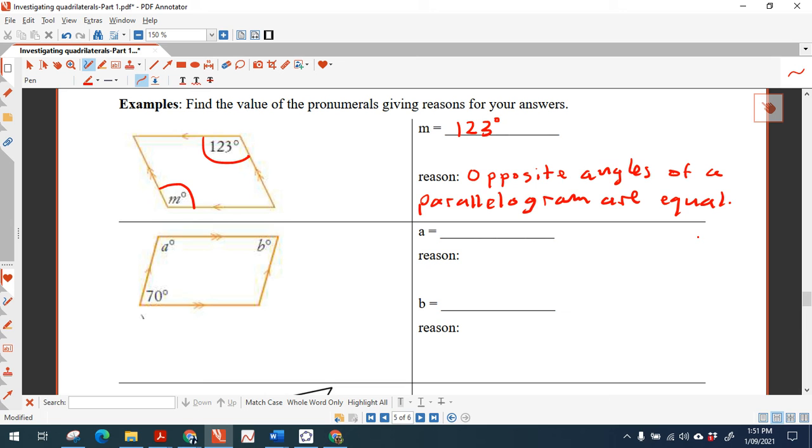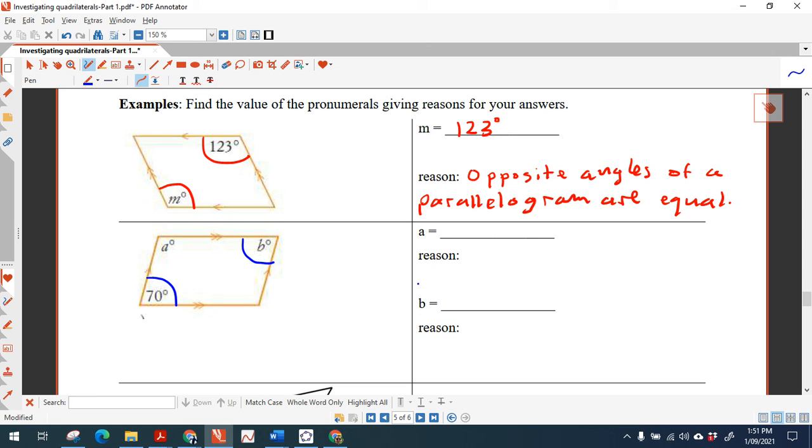All right, now you can pause the video if you like and have a go at the next one. See if you can get the next one right. So let's have a look. It's a parallelogram, so you've got to think about the properties of the parallelogram. You can see I've got a pair of opposite angles here, just like before.